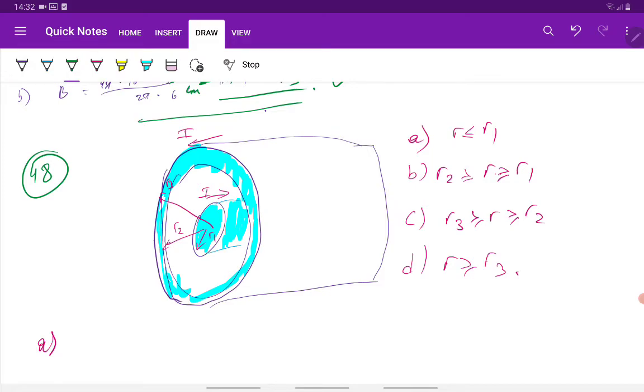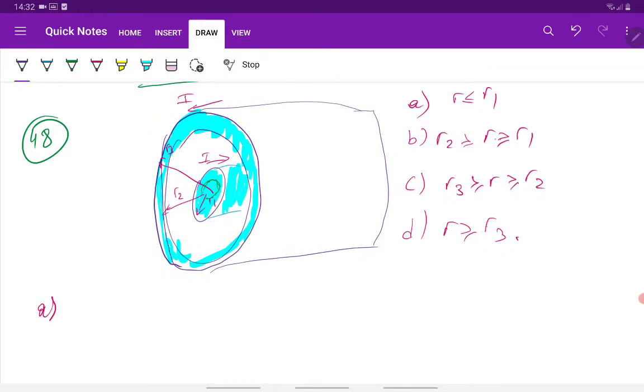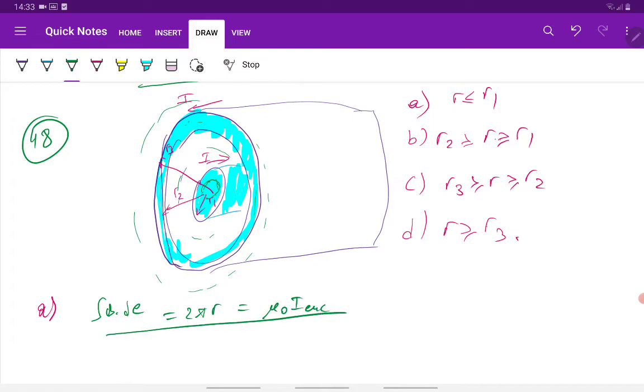So to solve part A, let's draw, as usual, Ampere's loop inside this. Here we have another. If we put Ampere's law here, here, and outside this, everywhere we will have B·2πr, since it's cylindrically symmetric, right? 2πr B equals μ0 I enclosed for all the cases.